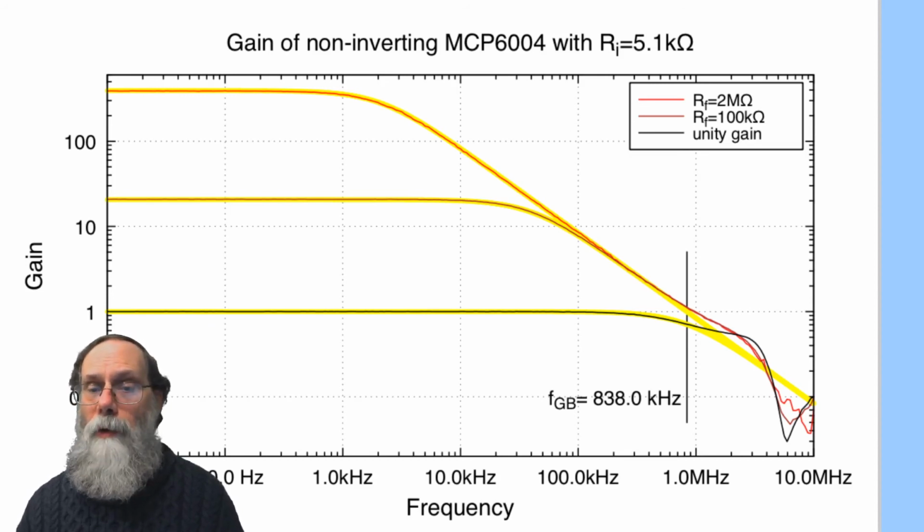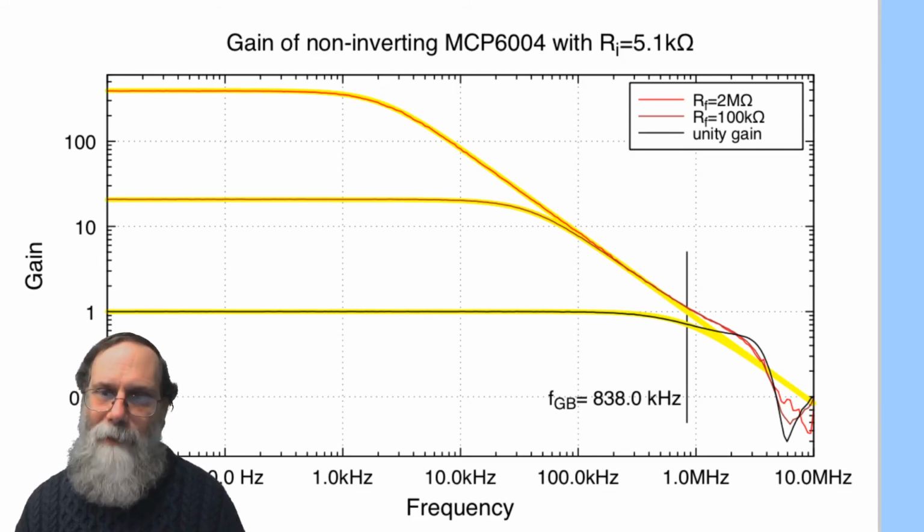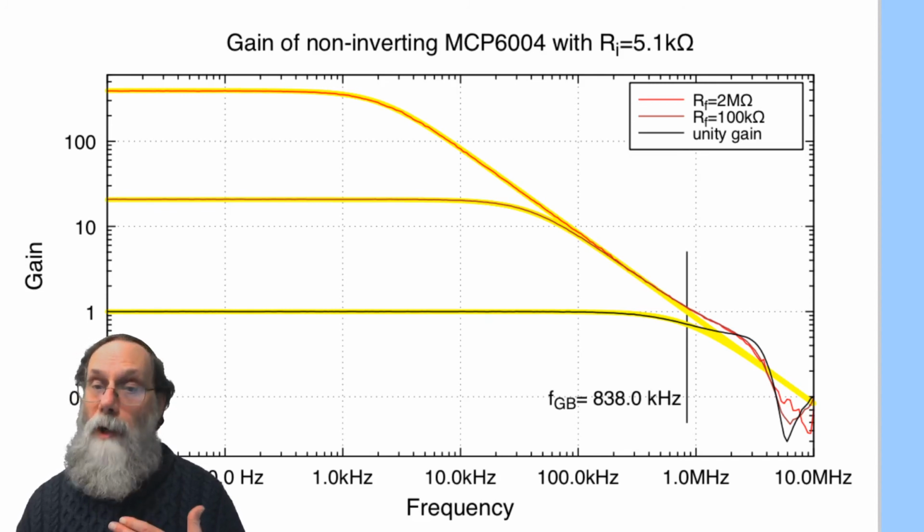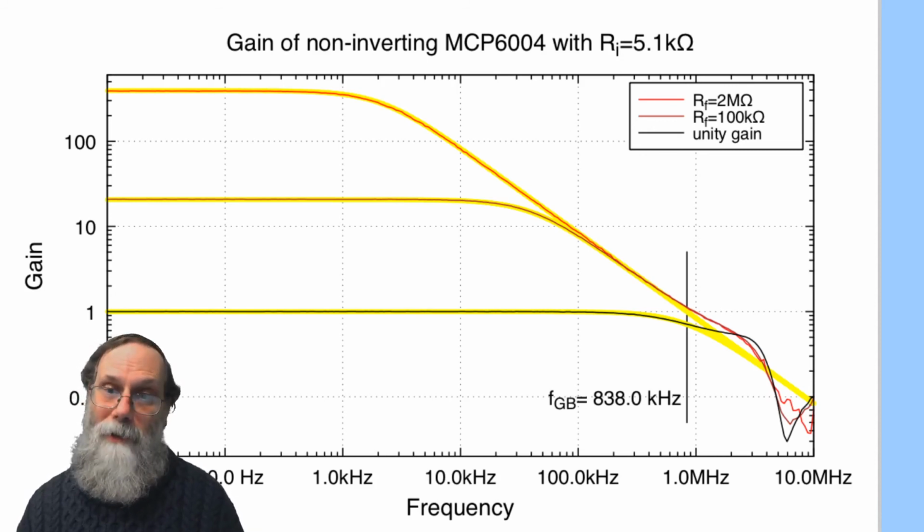And this is one of the reasons why people generally don't design negative feedback amplifiers with very high gain, because if you do that, you get a very small bandwidth. If you want to get a larger gain, you do multiple stages, each with a small gain. And you can get a high bandwidth with that small gain, and as you run through multiple amplifiers, you can get your large gain without losing the bandwidth.